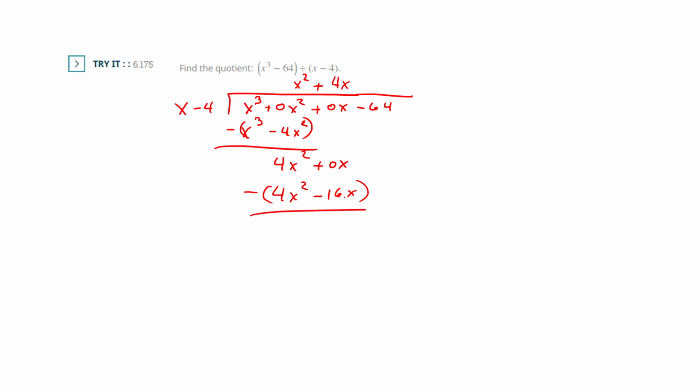This is not negative 16x, it's positive 16x. If you add that to 0, nothing, it's just 16x. Okay, x into 16x, it takes 16 to make that work. Now this times both of them, 16x minus 64. Okay, you get no remainder.